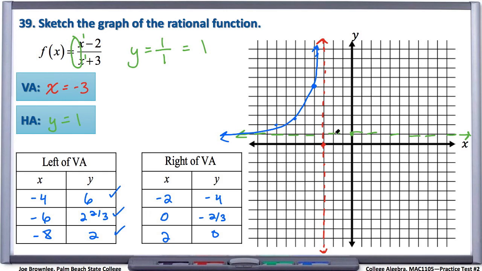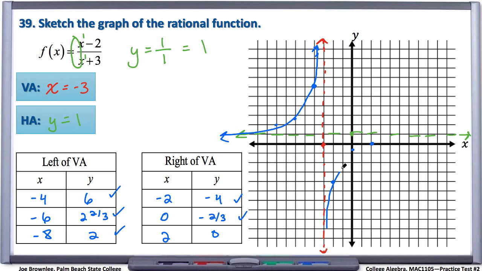Then let's plot these 3 points here. Negative 2, negative 4; 0, negative 2/3, about there; and finally 2, 0, about there.